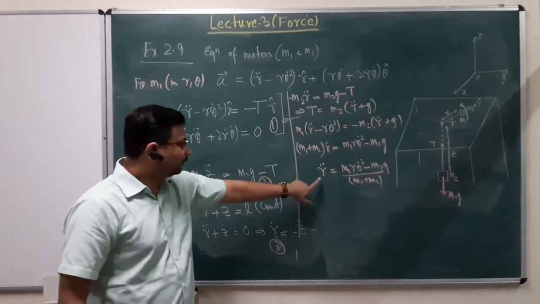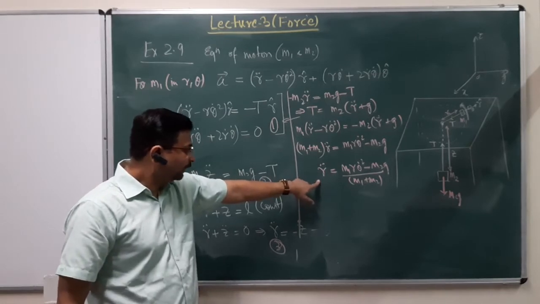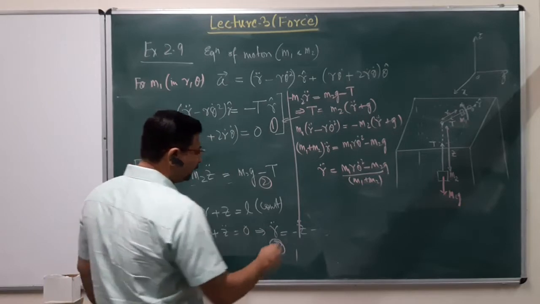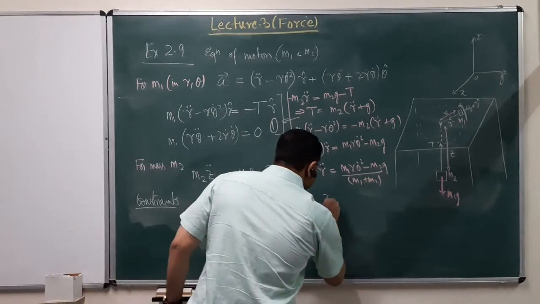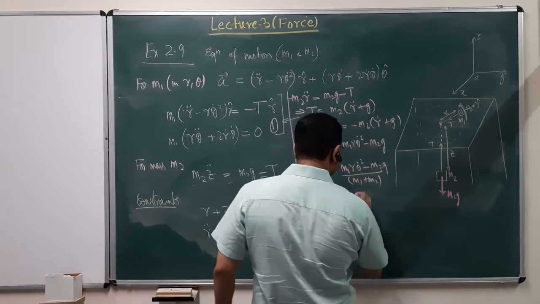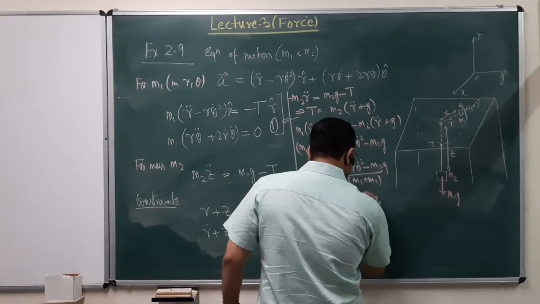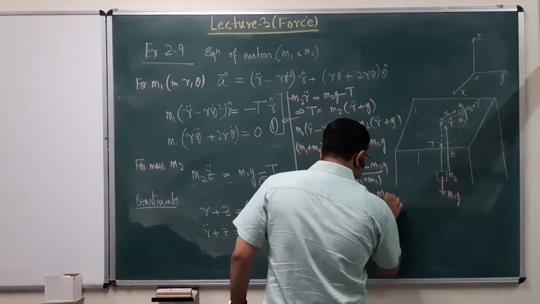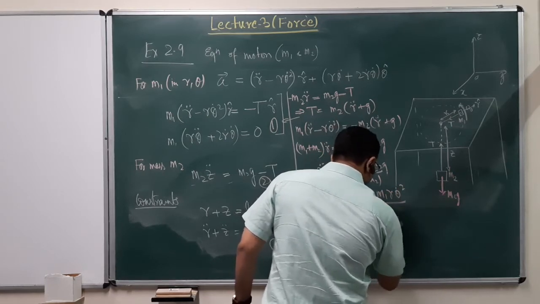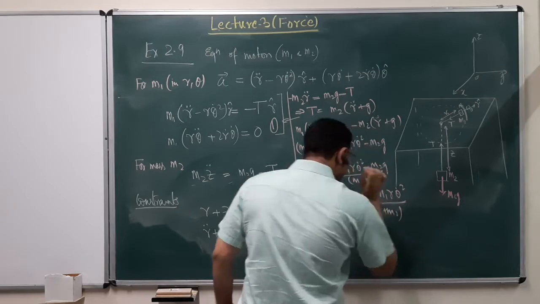So we get an equation for r double dot, and since we know that r double dot is simply equal to minus z double dot, this implies that z double dot is nothing but the negative of this: (m2 g minus m1 r theta dot square) over (m1 plus m2).